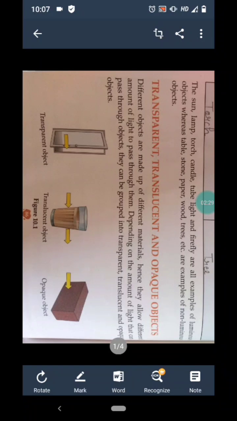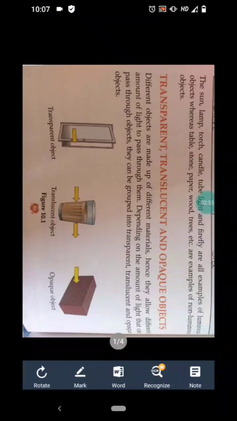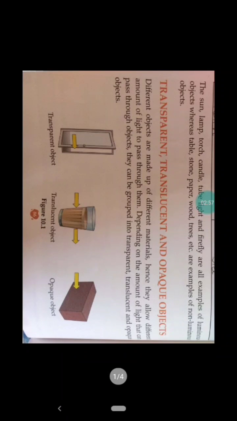Next, second is translucent objects. Translucent objects are those objects that allow only some amount of light to pass through them, and we can see partially through these objects, like butter paper and frosted glass. And the third one is opaque objects. Opaque objects are those objects that do not allow light to pass through them.